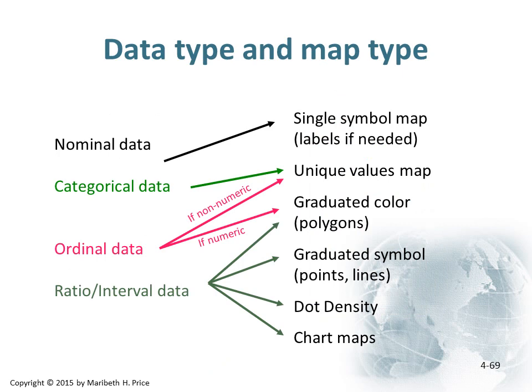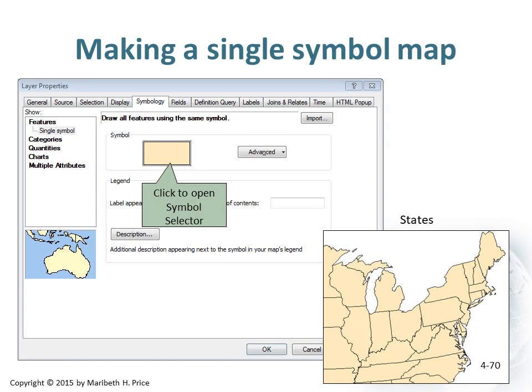A little bit better breakdown of the different types of data and the symbols that we typically associate with each of those in terms of how we explain or express those values. Single symbol maps are pretty straightforward. Everything has the same symbol.